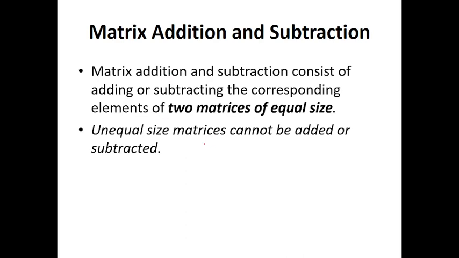For example, if I have the matrix A11, A12, A21, A22, adding it to another matrix, say B11, B12, B21, B22.